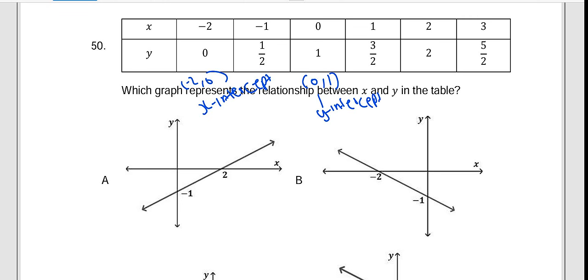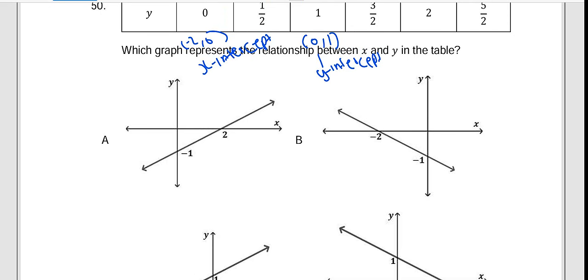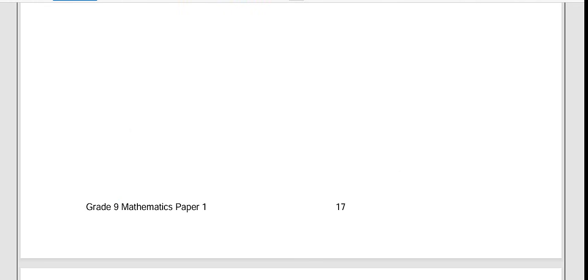So which graph? Graph A, no. Graph B, no. Graph C, yes. The answer is graph C.